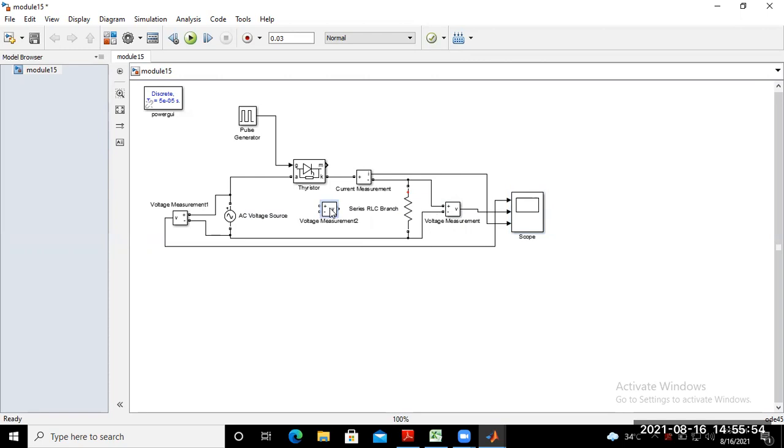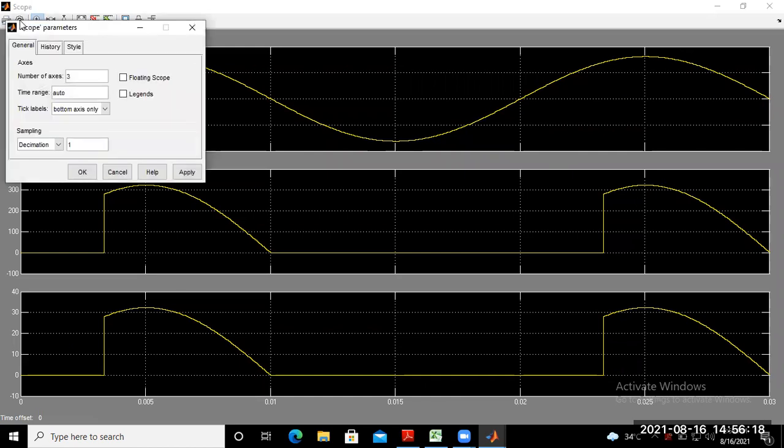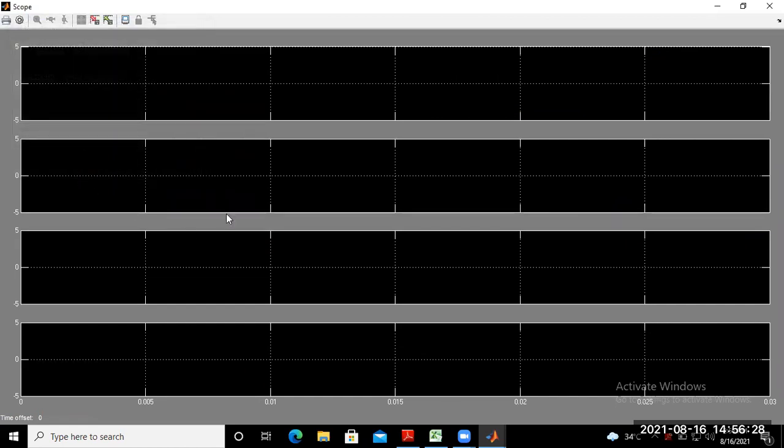That means across this thyristor. Okay, and just increase the scope axes here. We go to the settings and increase the number of axes as per your requirement, that is 4, and okay, so 4 axes are created here.